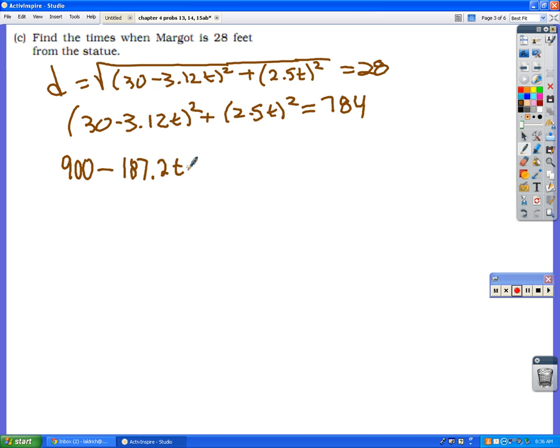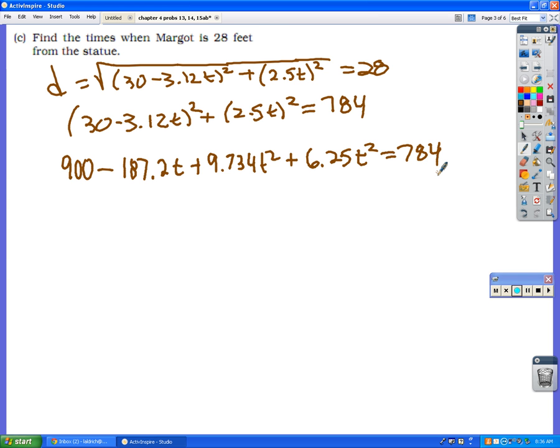And that's going to be t plus 3.12 squared is 9.74 t squared, okay, good, plus 2.5 squared t, 2.5 squared is 6.25, t squared equals 784. Okay, so now we have this delicious quadratic.